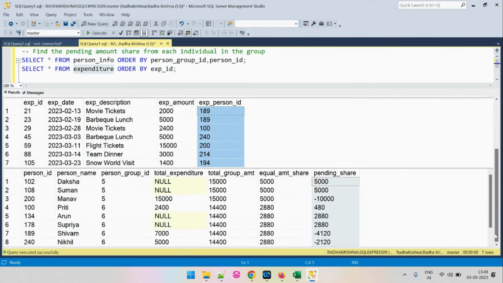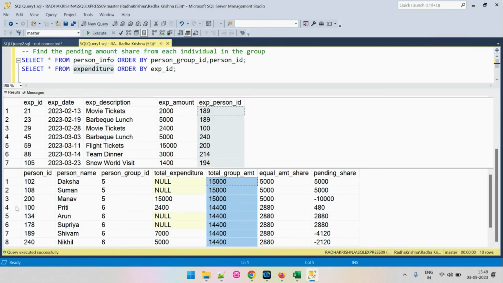As part of the output, what we need to do is, for each individual, find out the total expenditure that was done from their end. That is the first column that we are looking for. Second thing is the total group amount expenditure that was done.